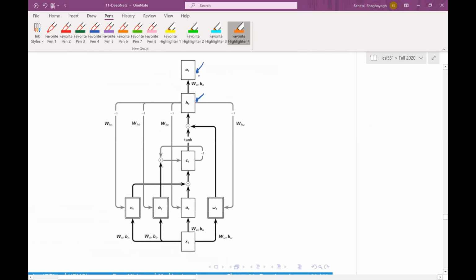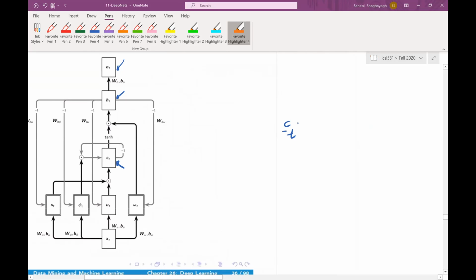But also we have an internal memory for long-term dependencies. In long short-term memory, basically, it has a long dependency, but it is going to be used in the short term, and that is C.